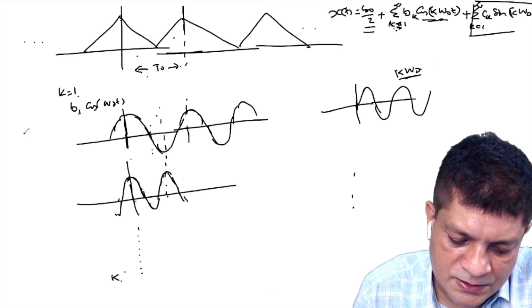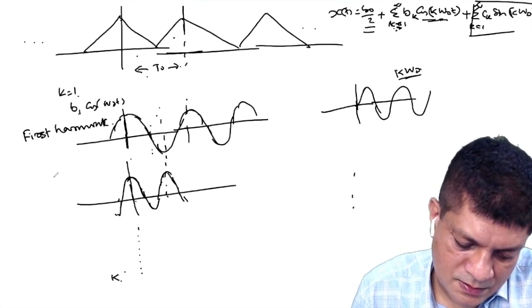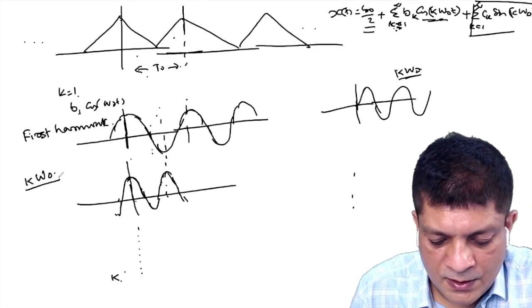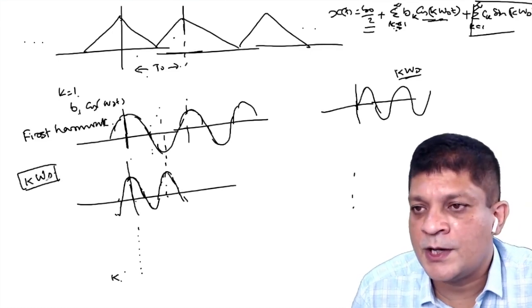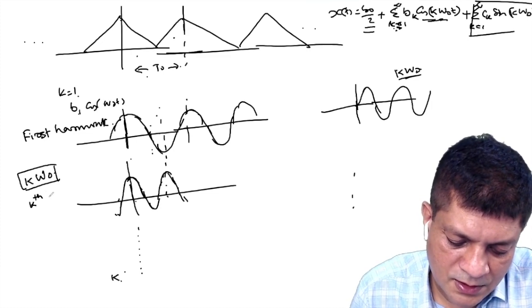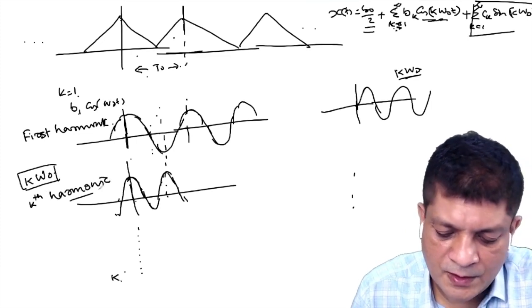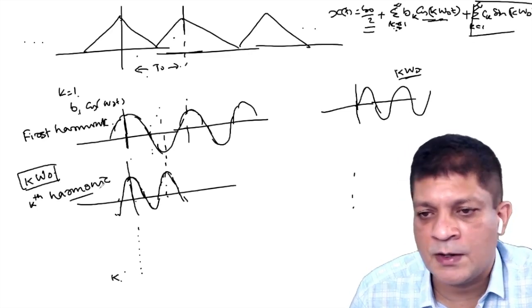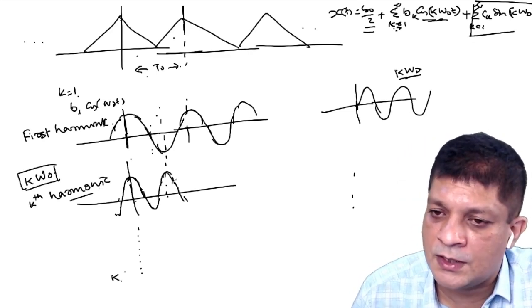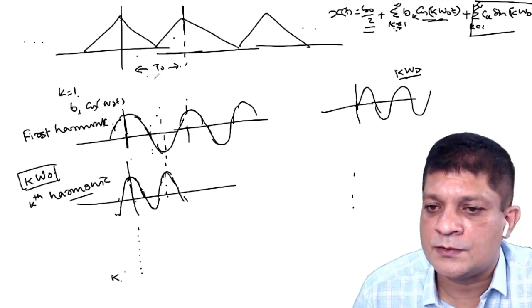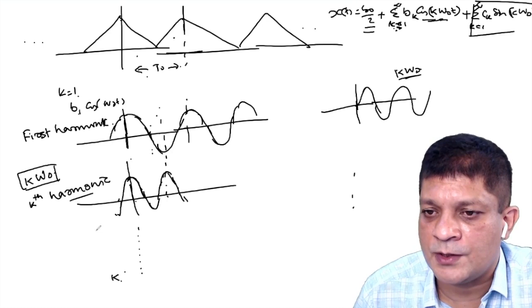This is called the first harmonic. The signal having frequency k times omega naught is called the kth harmonic.